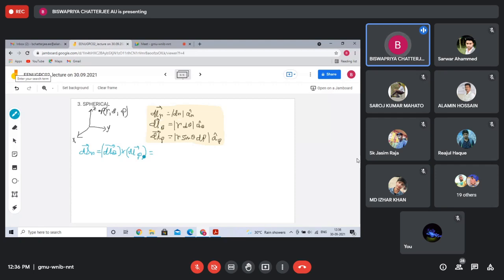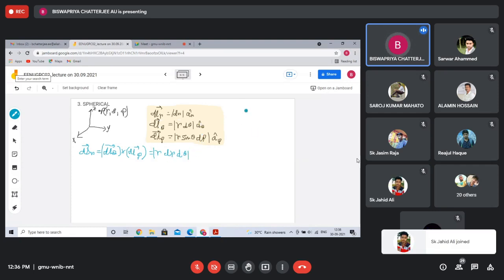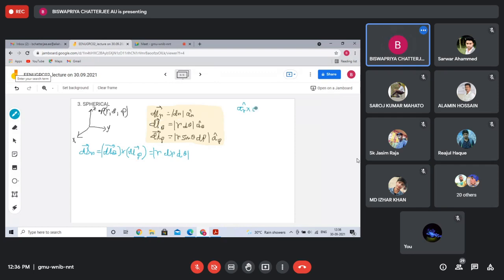So the result will come as the magnitude part r dr d theta, and the direction part is a r cross a theta.